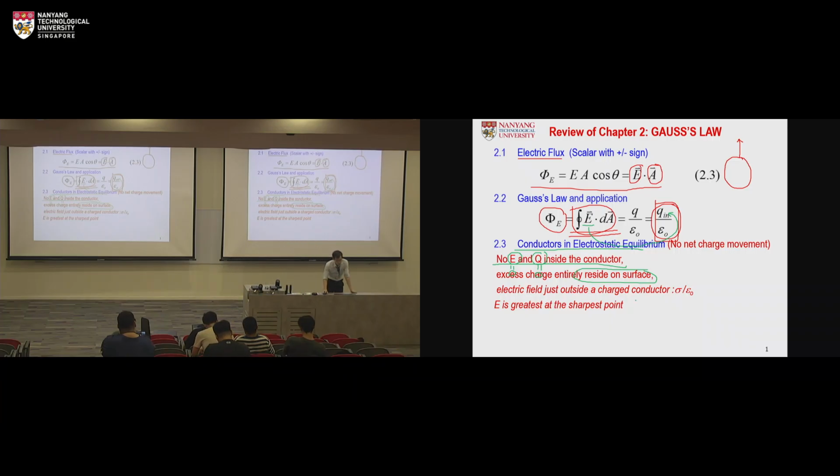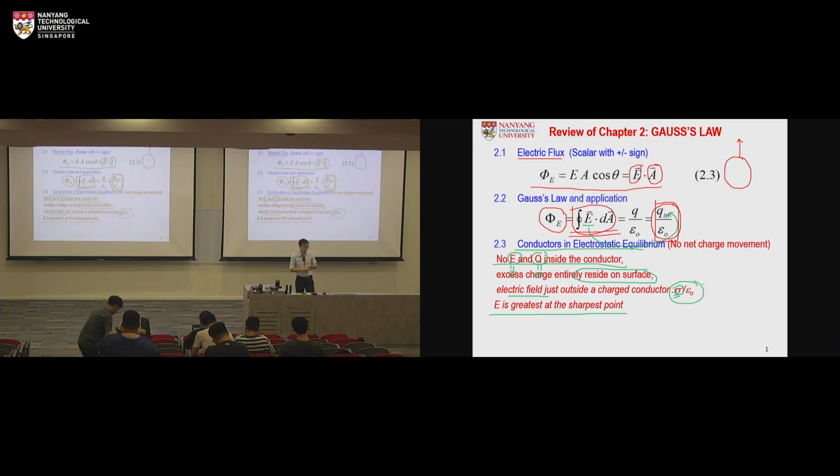And the third point is the electrical field E just outside the conductor surface is given by this ratio, and this sigma is just the surface charge density. And finally, E is a function of the local geometry. When you have this sharper point, then the density is larger at the sharper point, so the E is also larger at those sharper points.